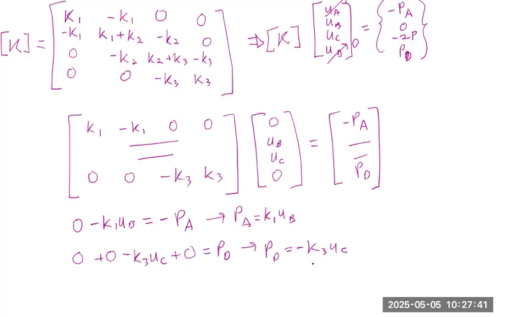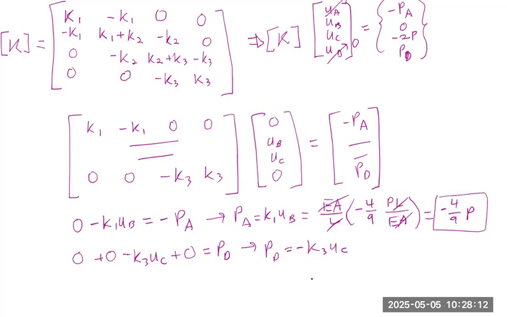And plugging in our known values for K1 and UB, we get that it's equal to EA over L multiplied by negative 4 over 9 PL over EA. And certain things cancel. The EA's cancel, the L's cancel. And we are left with negative 4 over 9 P.